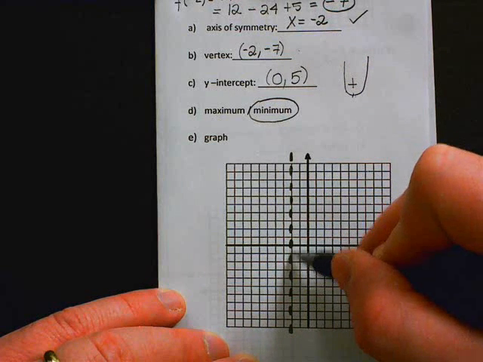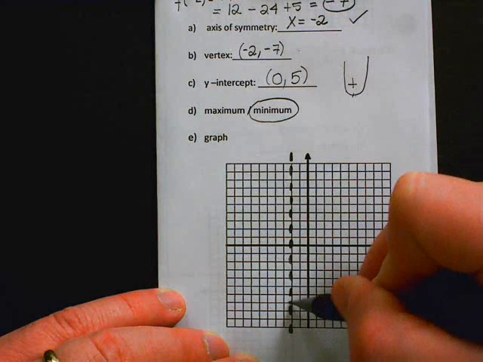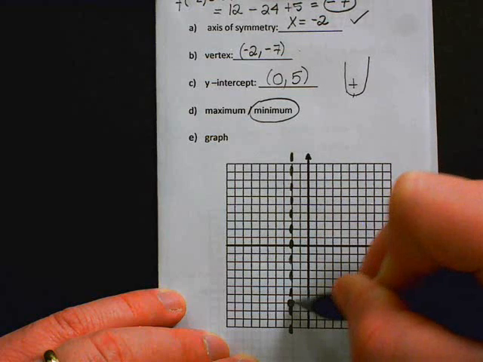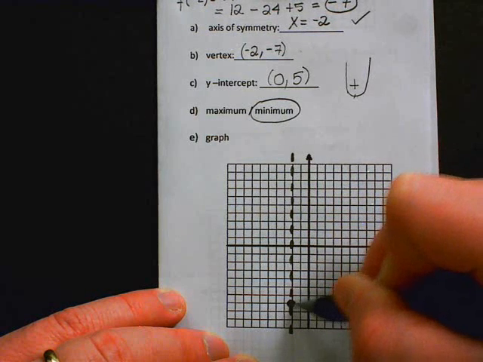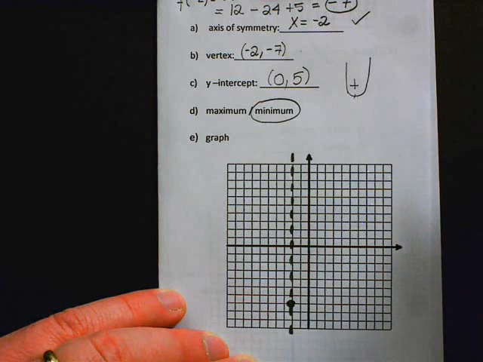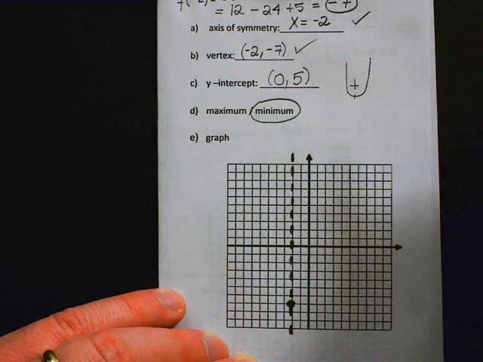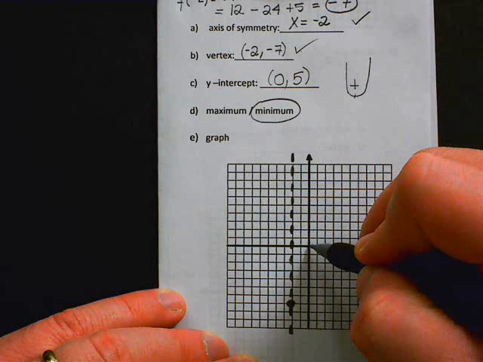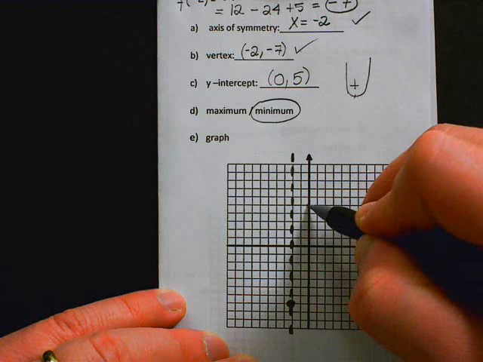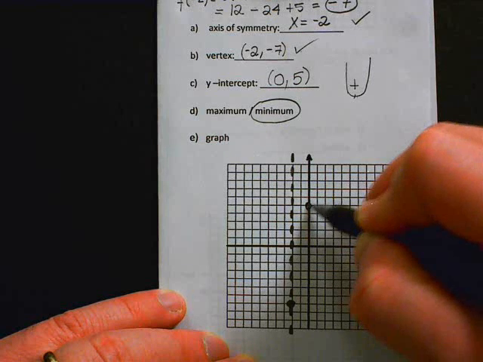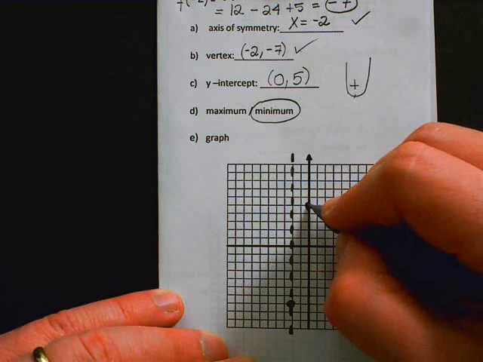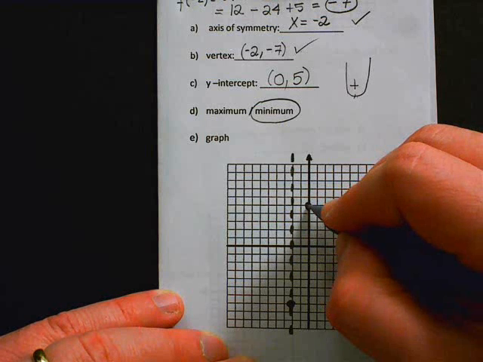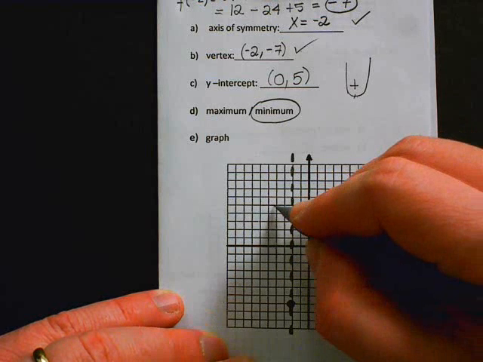So our vertex is -2, -7. Good. Now let's do our y-intercept, which is 0, 5. So 0, 5 would be right there. And because I have that, I can use the mirror image to find the other points. So now I have 3 points on the graph.